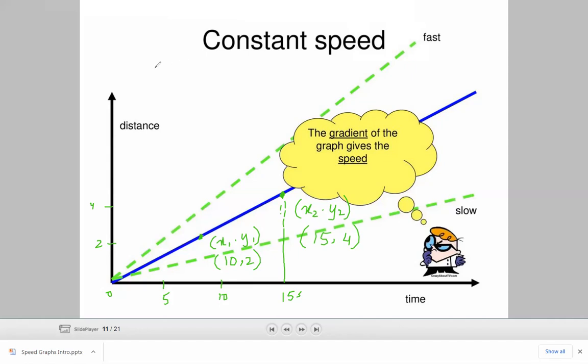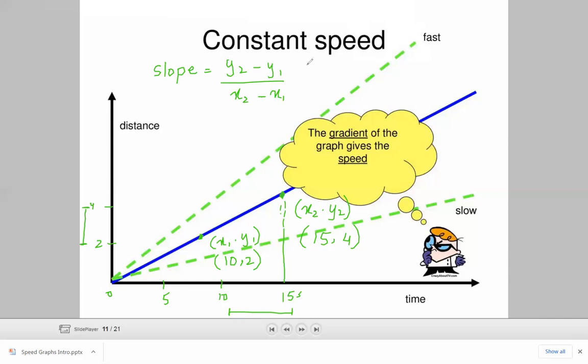Now, in order to calculate the slope or the gradient, the formula that we use is change in y values, that is y2 minus y1. This y2 minus y1 is basically giving us this distance, change in y values, divided by change in x values, that is x2 minus x1, which is basically giving us this value.